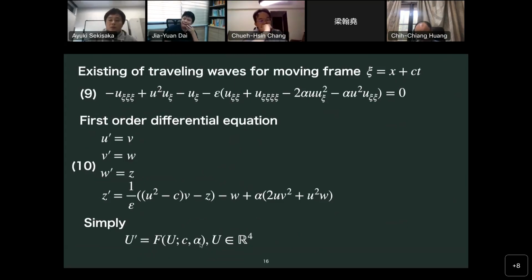We fix the small parameter epsilon to be sufficiently small, because for the existence problem of traveling waves we use singular perturbation theory. Traveling waves exist for sufficiently small epsilon.